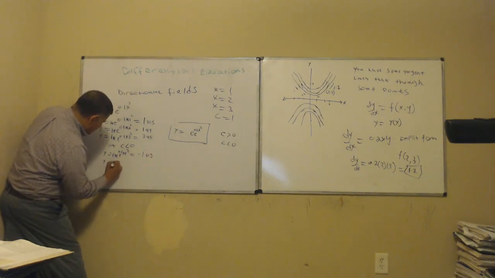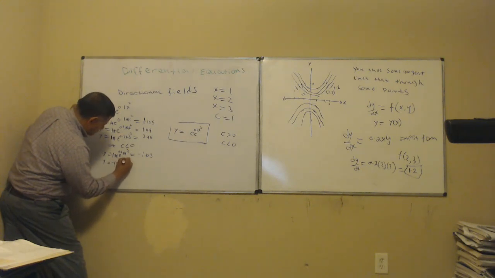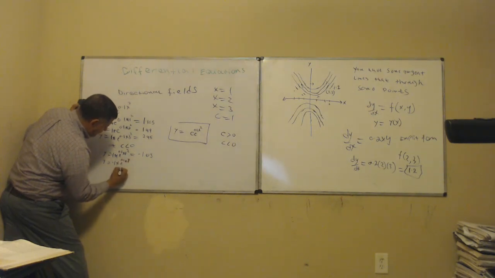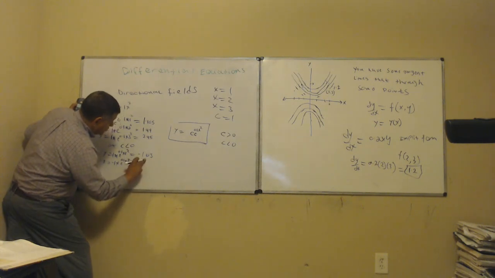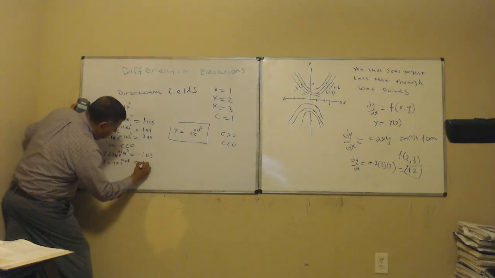The next one is going to be 2 squared, which is going to be negative 1.49, right?